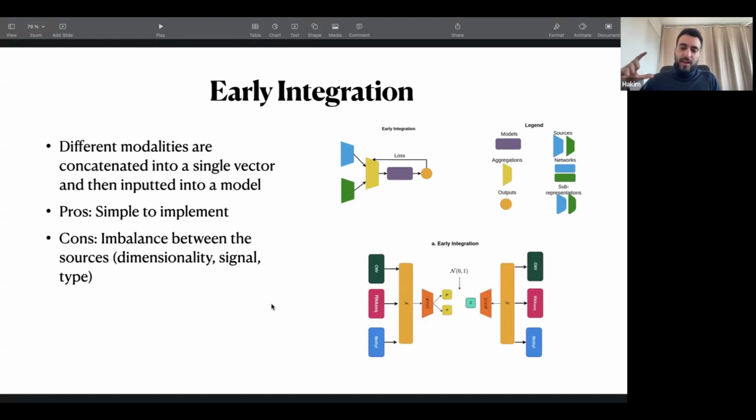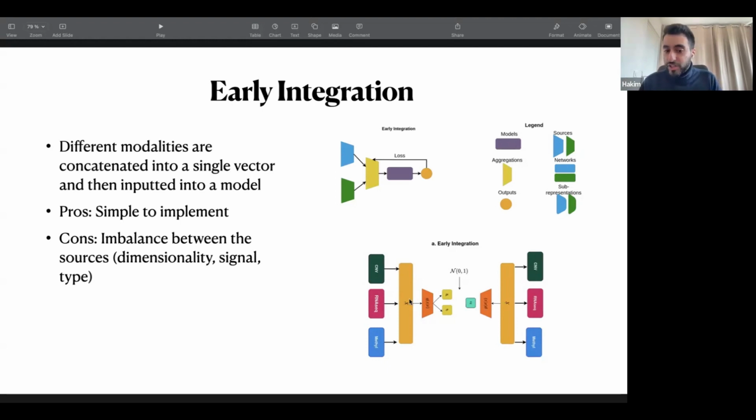We have our modalities, we just aggregate them, like with concatenation, etc. We plug them into a model, and we have our last representation, our last output. So, for example, in general, for multi-omics integration, we use a variational autoencoder framework to be able to create a final latent representation of those data.